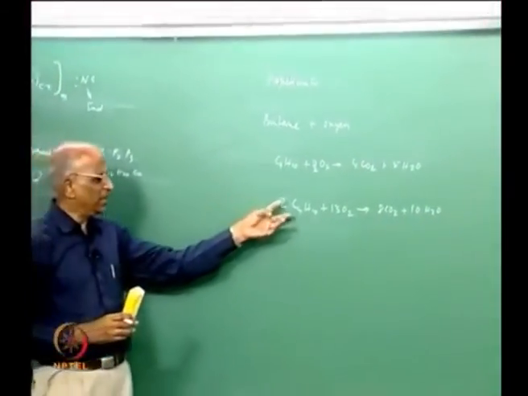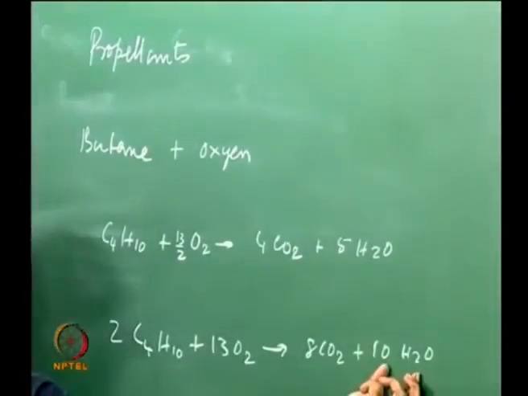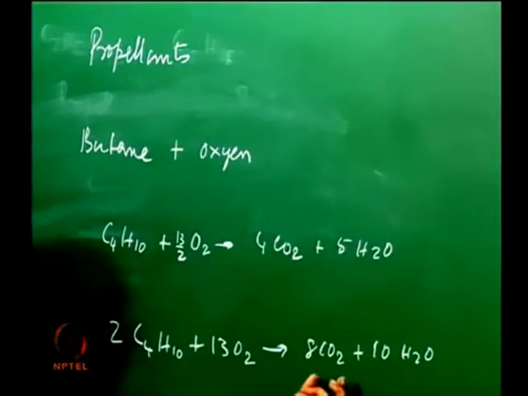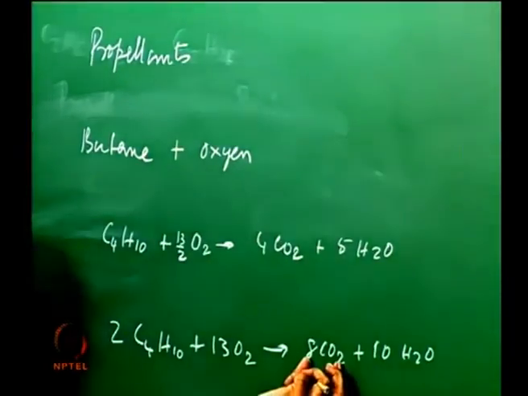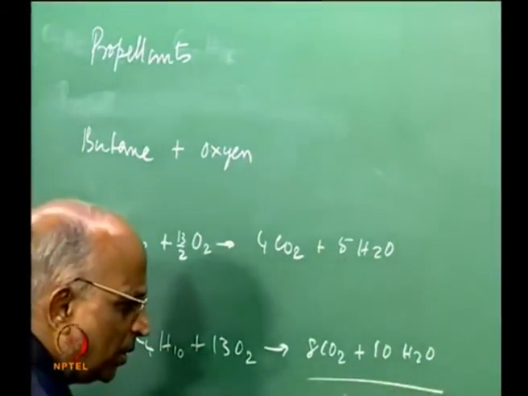What is this reaction? In this reaction we form completely oxidized products of combustion. I cannot oxidize water more than water. I cannot oxidize carbon dioxide further than this. Therefore, these are all completely oxidized products.